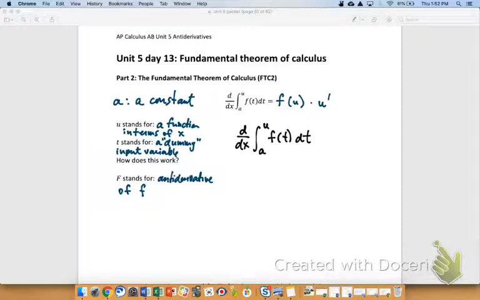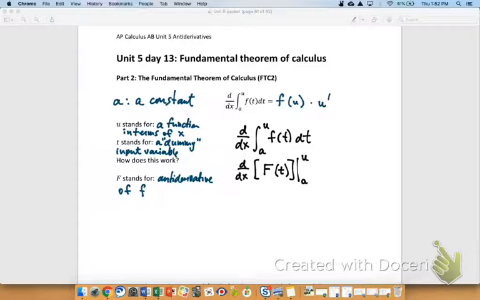So step one is going to be to find the antiderivative. Here's what that could look like. It would be d dx, that has not gone anywhere, of capital F of t evaluated from the constant a to that function u. Obviously taking this in small chunks, right? So I just found the antiderivative, and that's it.